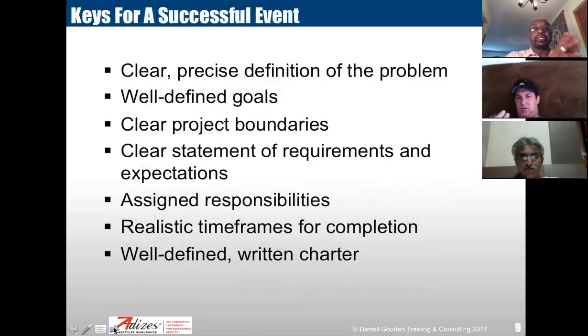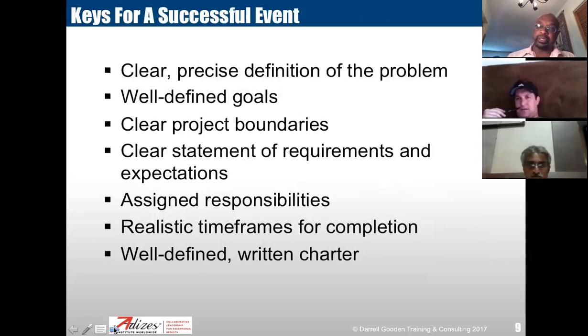So keys for success, you would expect the normal things: clear project boundaries, clear statement of requirements and expectations, assigned responsibilities, realistic timeframes. These discussions happen in that preparatory phase before the event takes place. This is what we know as a Senate Core would be working out amongst themselves. The integrator, the process champion, which is maybe a representative from a POC, and then the implementer.